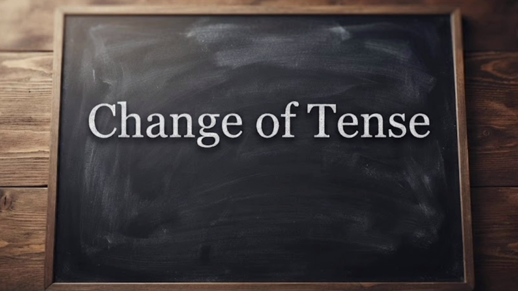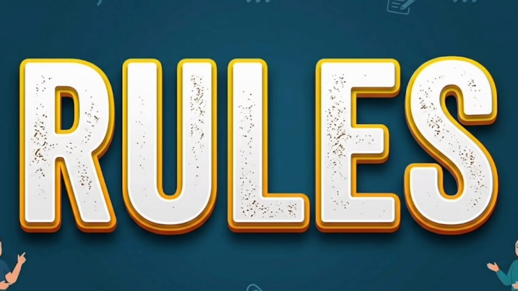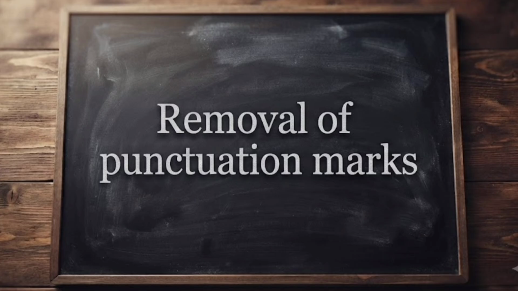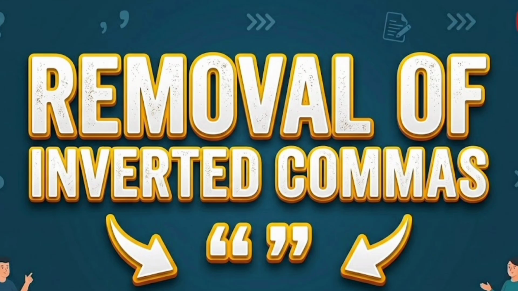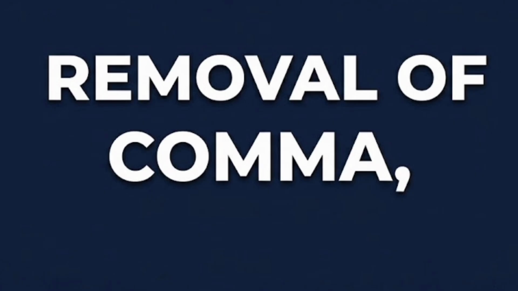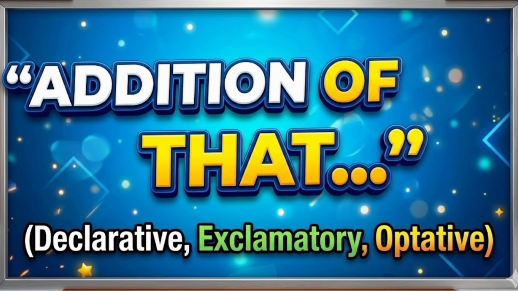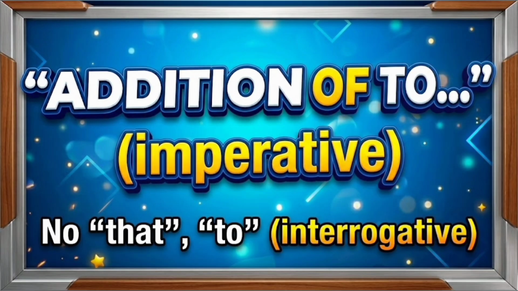So, first of all, I would like to recall the rules of changing direct narration into indirect narration. The first one is removal of punctuation marks, that means removal of inverted commas and removal of comma. Then next we have addition of that, addition of to, or no addition of that or to.